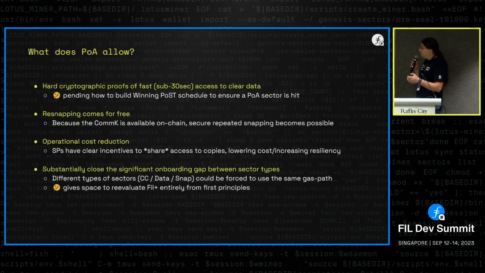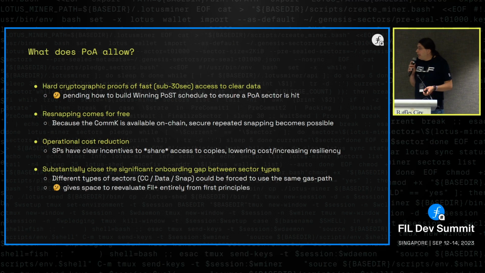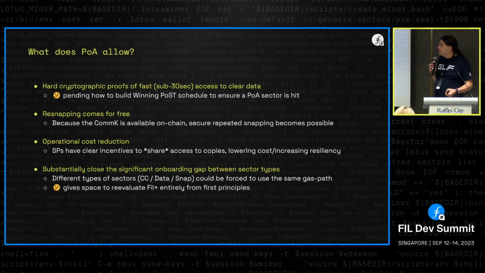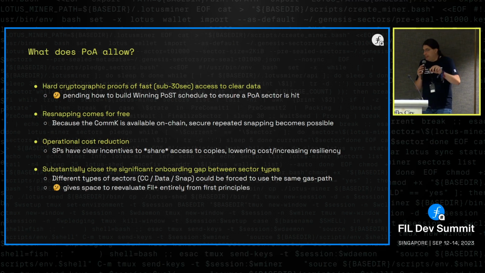So, the cool part. What does proof of access actually allow? It gives us hard on-chain cryptographic proofs that we have fast access to clear data. We're not talking about a replica that you need to unseal and maybe they'll unseal it, maybe not, and so forth. The actual data was accessed at this time.